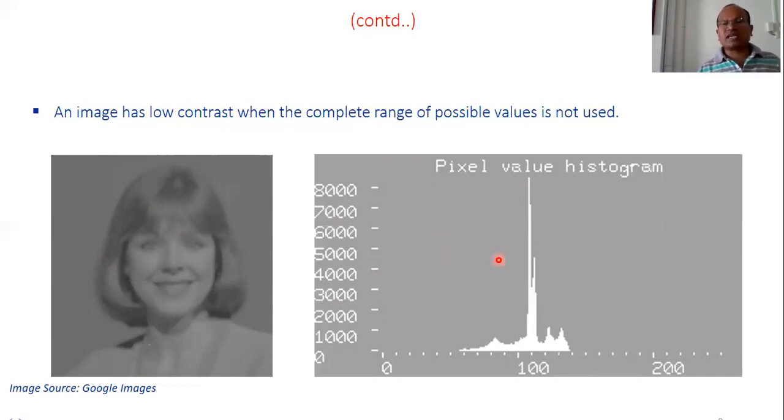What does the histogram say? The maximum pixels are around the grayscale value 100. So the contrast is poor, because when there is contrast, there must be a distribution of intensity values.